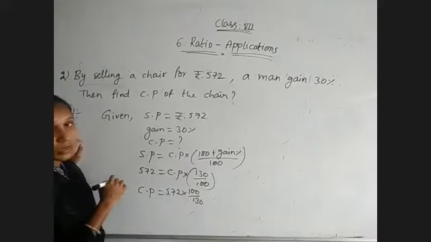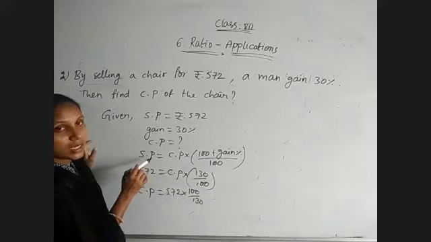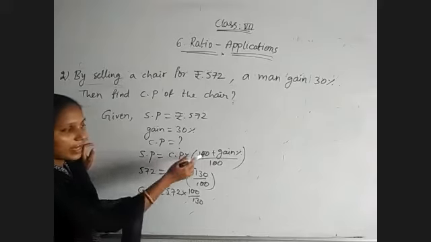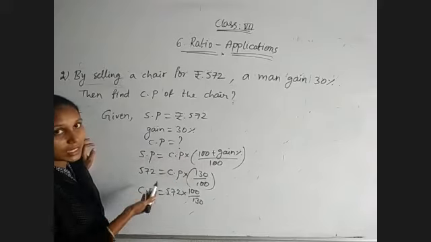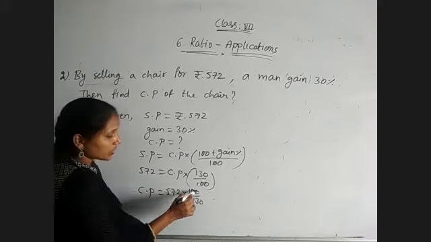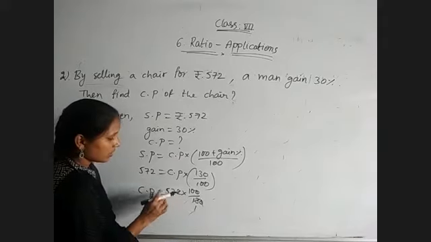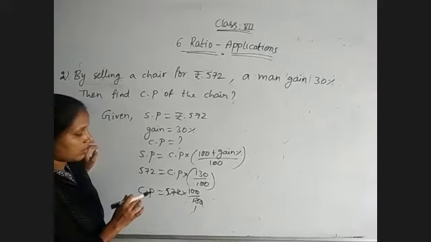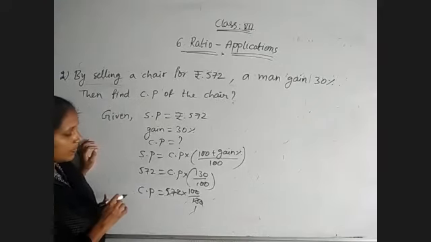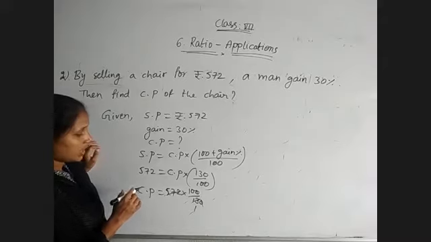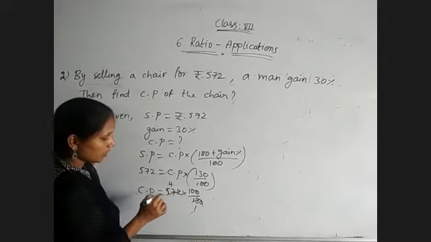This formula also I gave directly for CP. CP is equal to SP into 100 by 100 plus gain percent. Like that also directly we can get. So 0 will get cancelled, 13 ones are 13, 13 fours are 52.